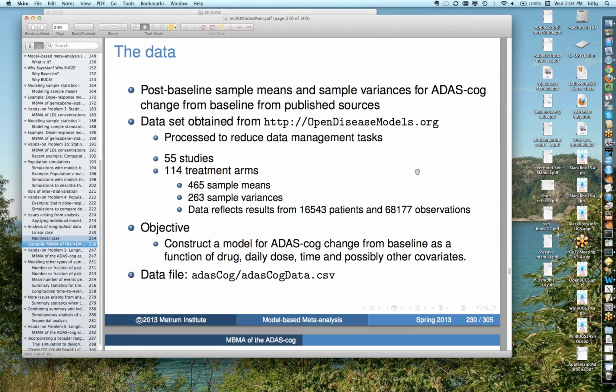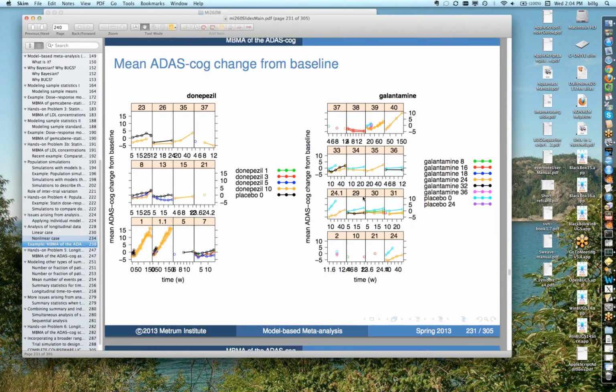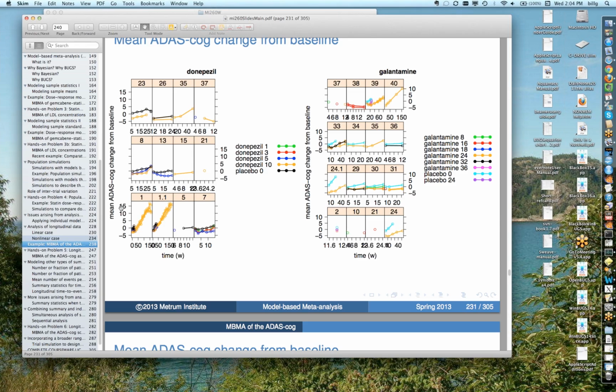And to remind you what the data looked like that we were working with, we were modeling the mean ADAS-COG change from baseline versus time for donepezil, galantamine, and rivastigmine. In addition, we also analyzed the sample standard deviations, or actually converted them to sample variances.